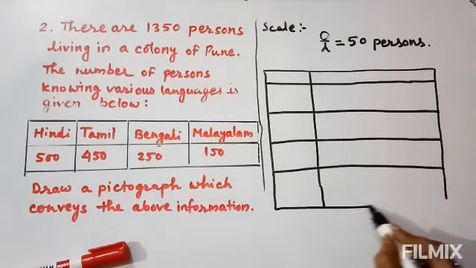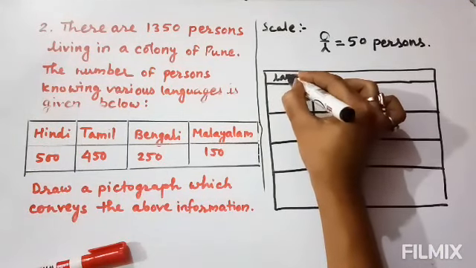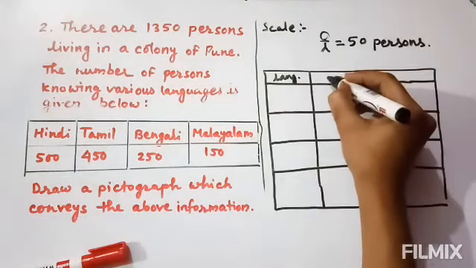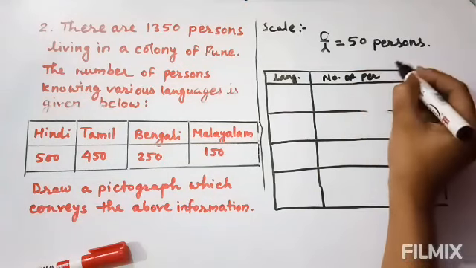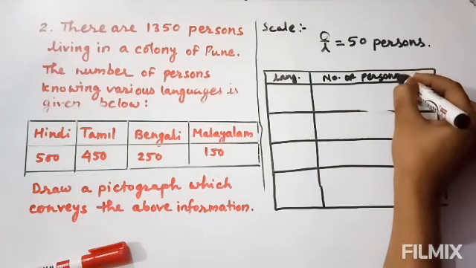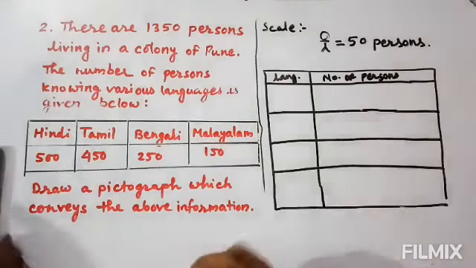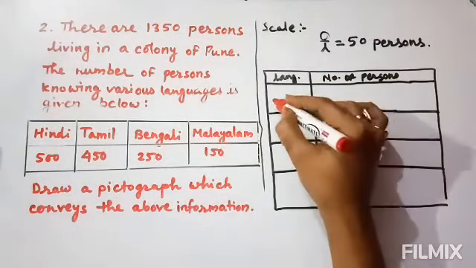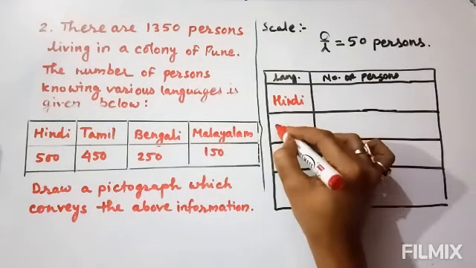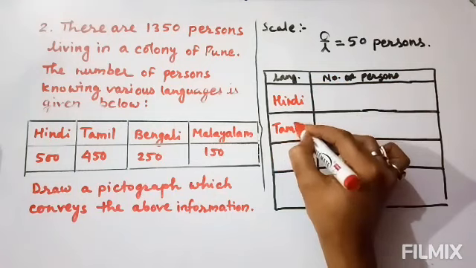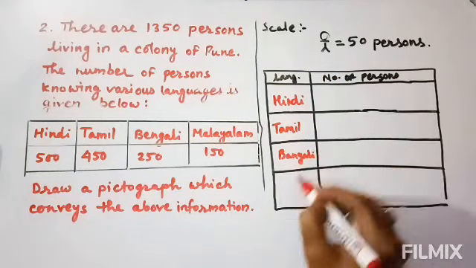We'll write language here, and number of persons. Am I clear? Now write the names of the languages: Hindi, Tamil, Bengali and Malayalam.